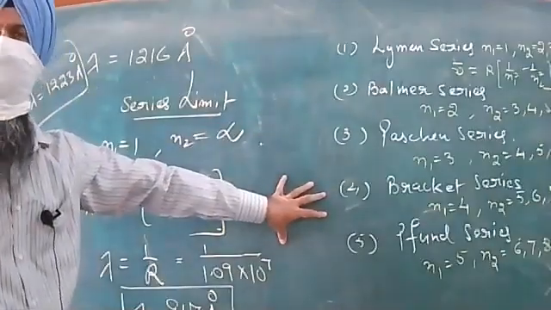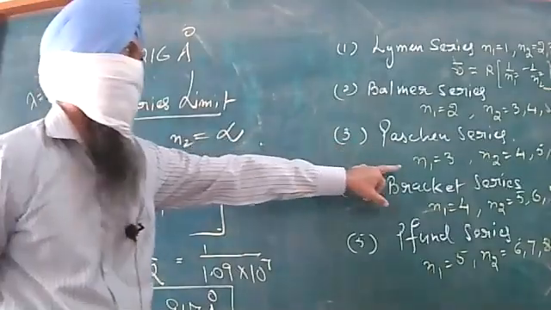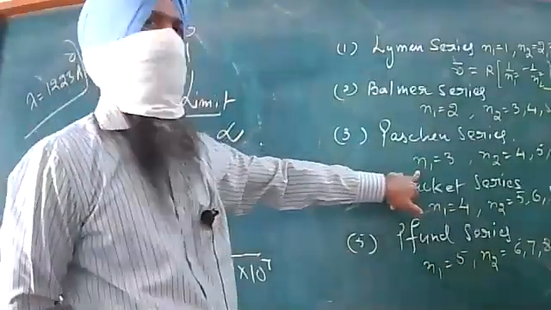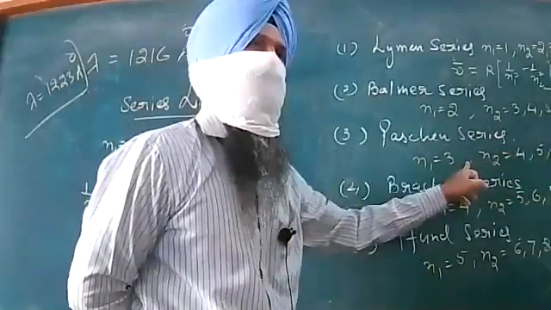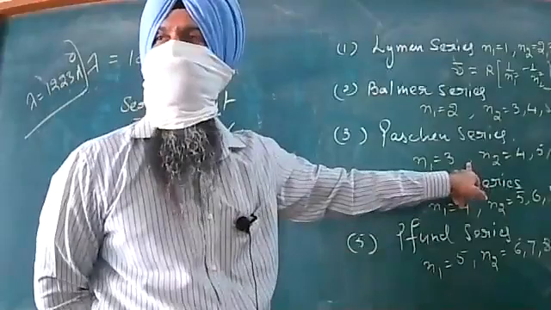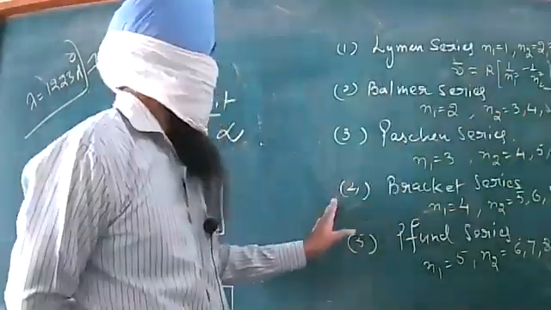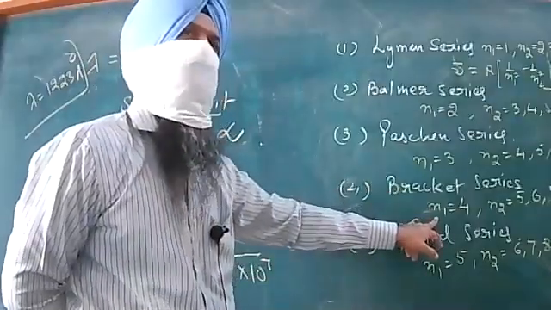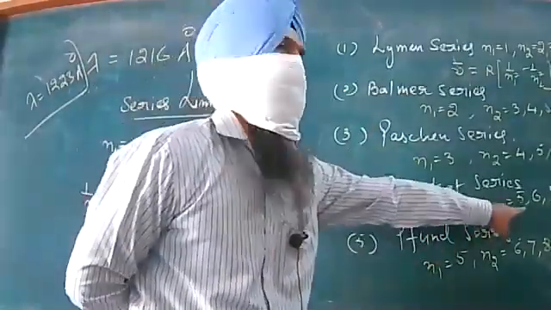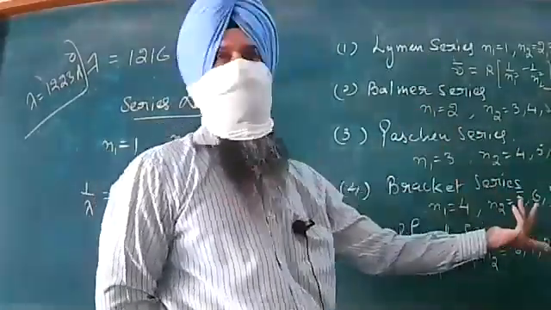Please try to do that at home also. And in the Paschen series n1 will be 3, for the longest n2 will be 4, and for the shortest, also called the series limit, n2 will become infinite. Then for the Brackett series, n1 will be 4, for the longest n2 will be 5, and for the shortest n2 will be infinite.